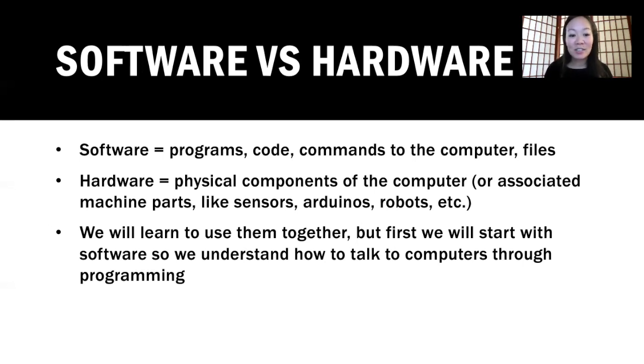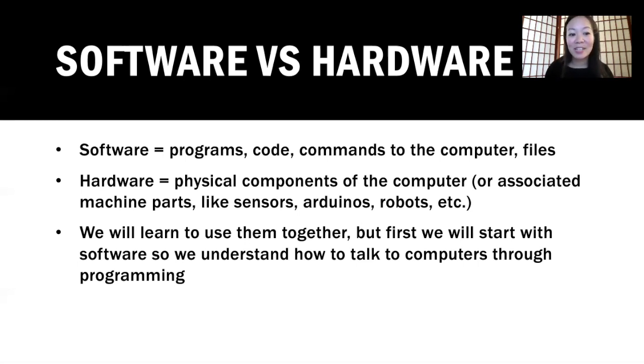We are definitely going to learn to use them together, and they are very rarely used separately. There's a lot more instances where software is independent of hardware. You rarely have hardware without software.